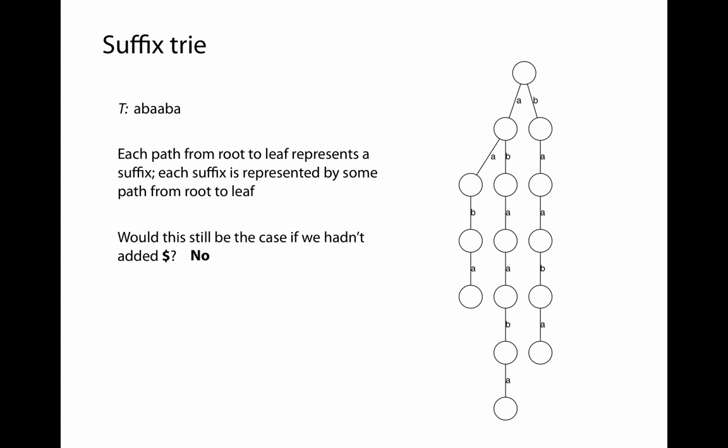And you can see that if you walk down from the root and follow the edges that are labeled A and then B and then A, you end up on a node that's in the middle of the trie. You're not at a leaf node. So the statement is no longer true. So this is one of the functions of the $ signs, it helps us enforce this property that there's a one-to-one mapping between leaves of the suffix trie and suffixes of the text, T.